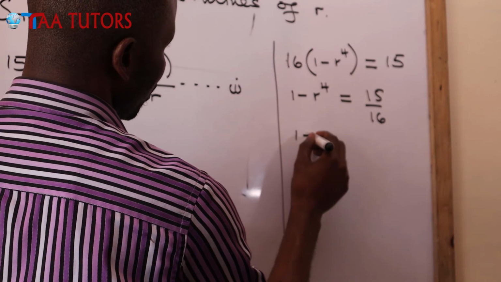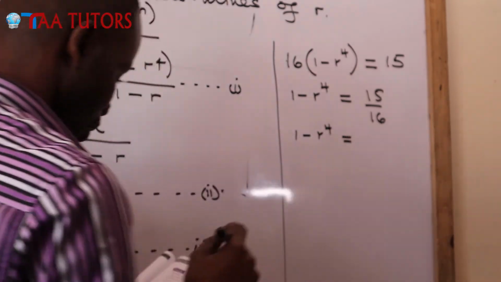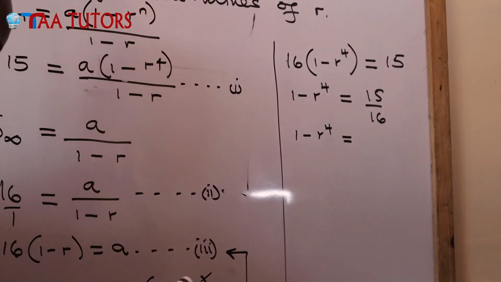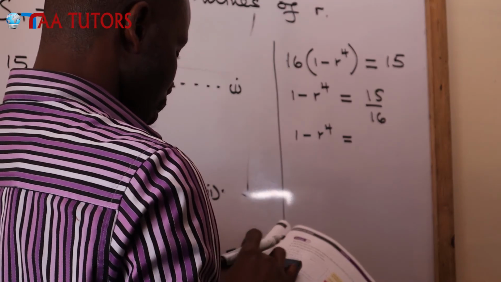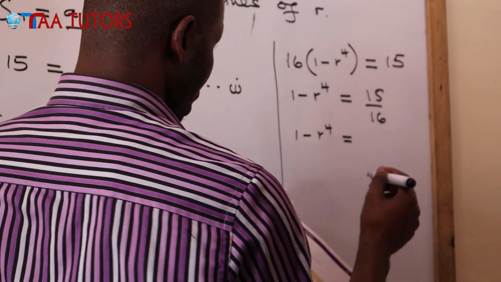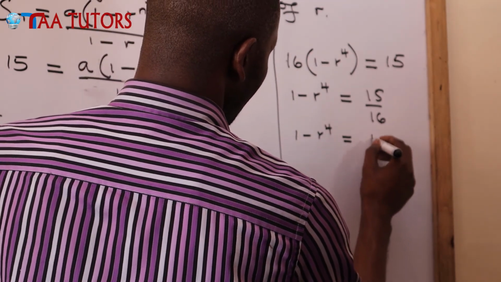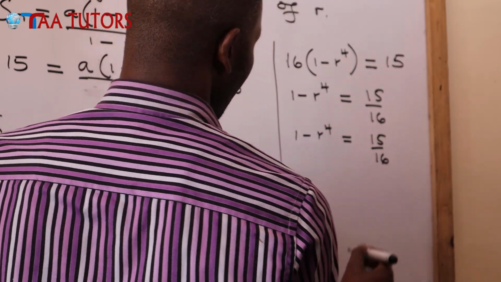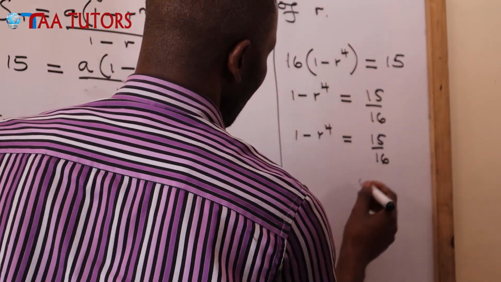So 1 minus r^4 equals 15 over 16. So let me take 1 to the other side.